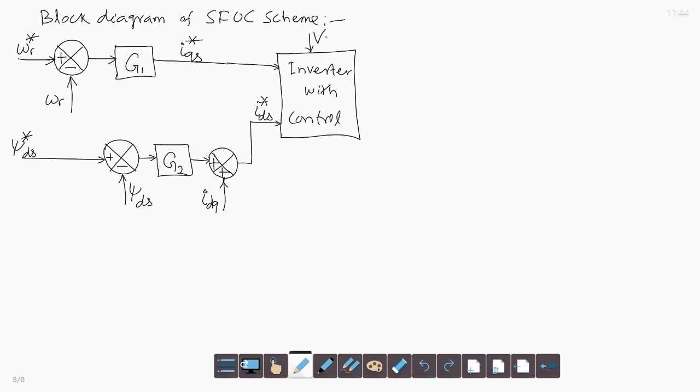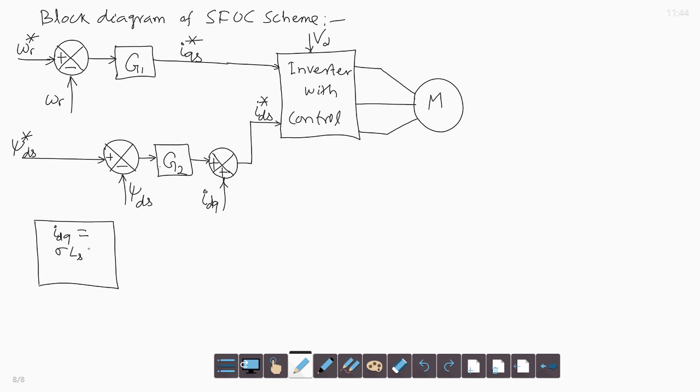Inverter takes the DC voltage VD and gives variable frequency output to the induction motor. And here, to obtain the decoupling current, we have a block which generates IDQ as per equation number 15, that is sigma Ls IQS square divided by psi ds minus sigma Ls IDS.